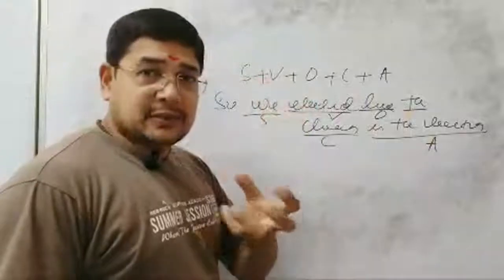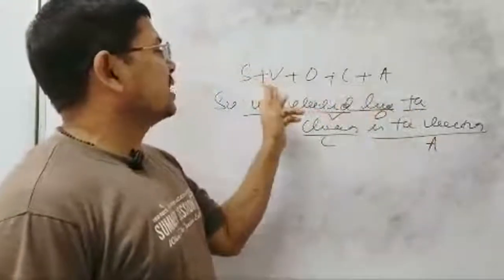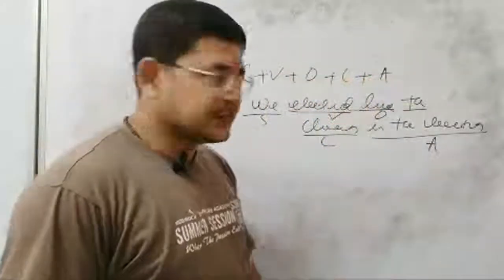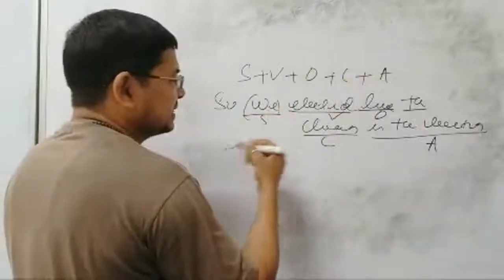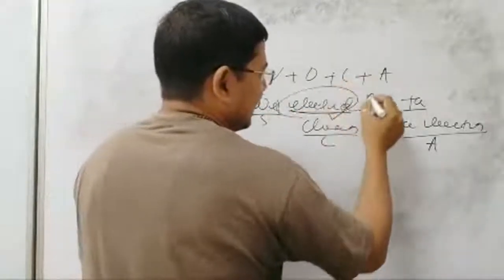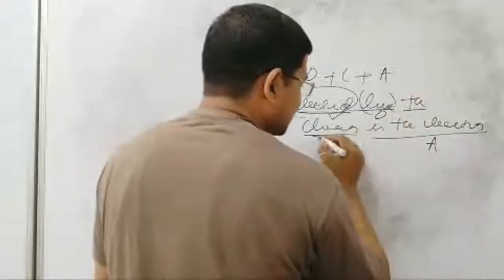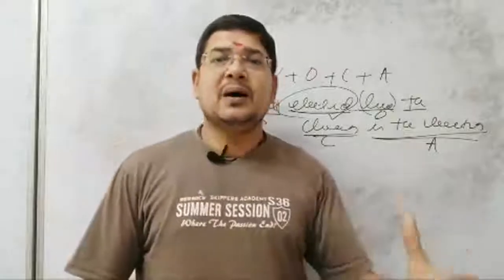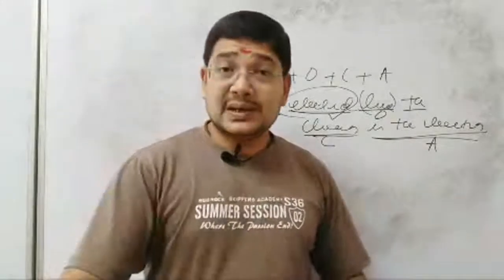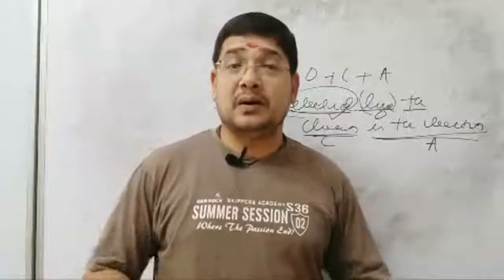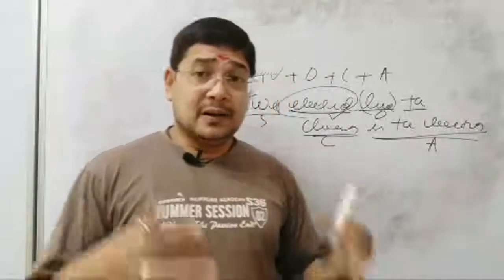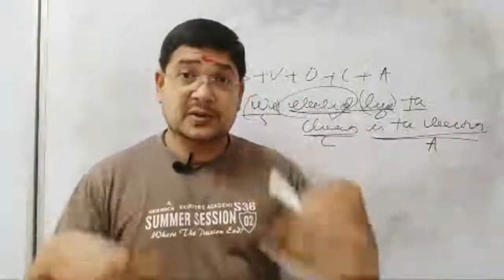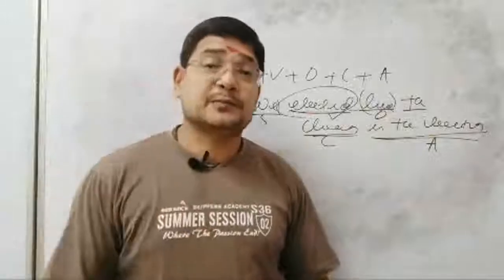So how many elements have I used? I've used all of them: subject plus verb plus object plus complement plus adjunct. These are the top 7 sentence patterns that we normally use while we speak. That's why it is part of spoken English.